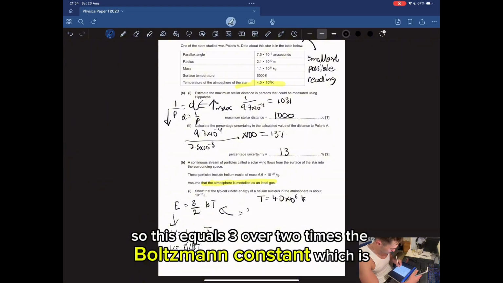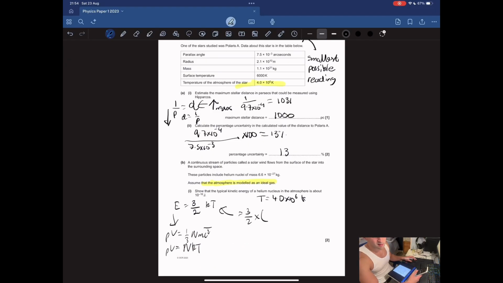So this equals 3 over 2 times the Boltzmann constant, which is 1.38.